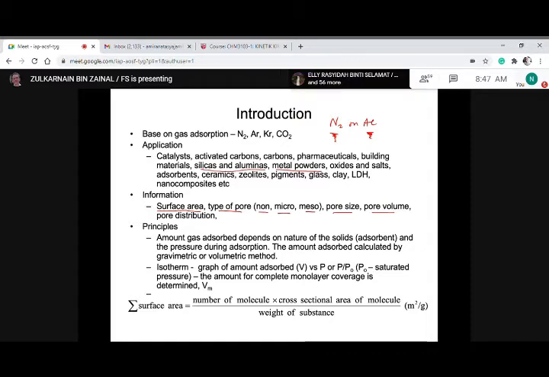From the amount absorbed on the surface, you can calculate the area covered based on the cross-sectional area of each molecule of the gas that is on the surface, right? So for example, if you've got 10 gas molecules absorbed on the surface, all right? And then each molecule has like 0.2 centimeter square of cross-sectional area, right?